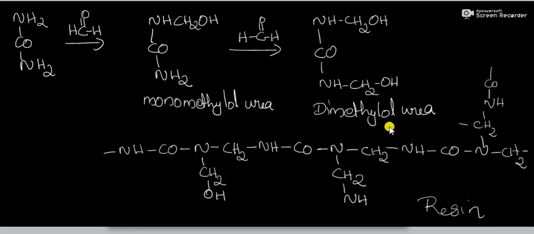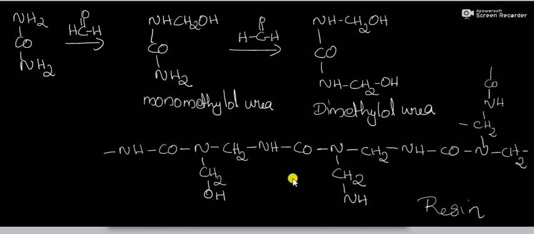And this dimethylol urea is further condensed with more urea and formaldehyde, getting increasingly cross-linked during the polymerization to give a three-dimensional resin structure. This is a three-dimensional resin structure.